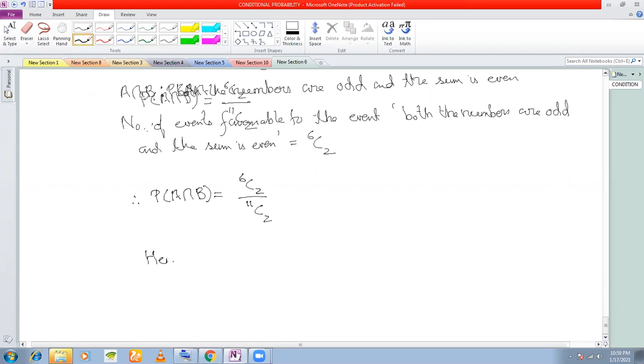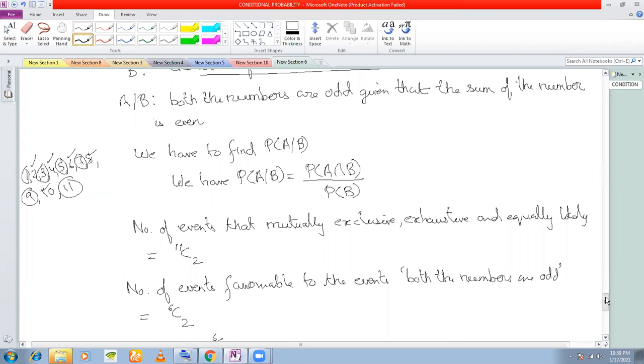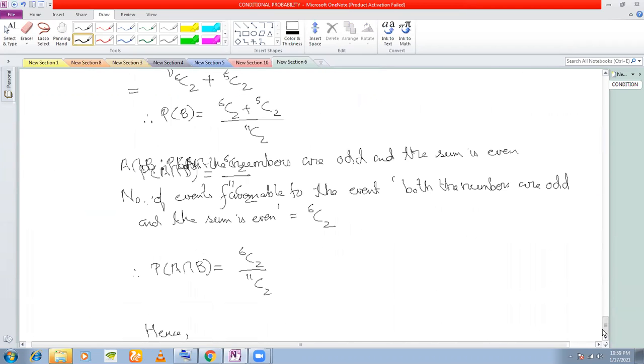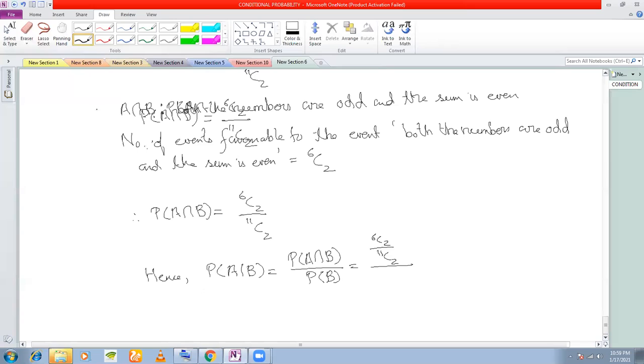Hence, what do we have to find out? This one, right? P of A given B. Hence, P of A given B is equal to P of A intersection B divided by P of B. And P of A intersection B is 6C2 by 11C2, divided by P of B, which we have found out: 6C2 plus 5C2 divided by 11C2.